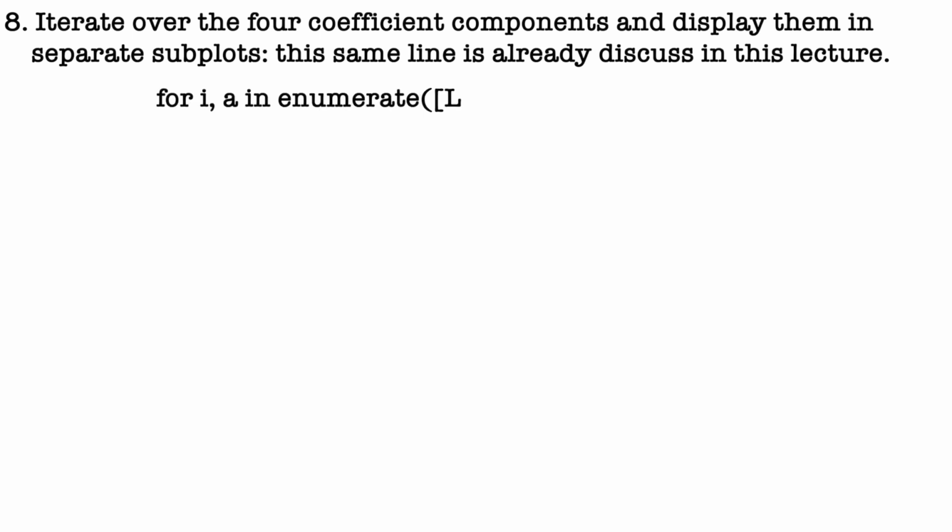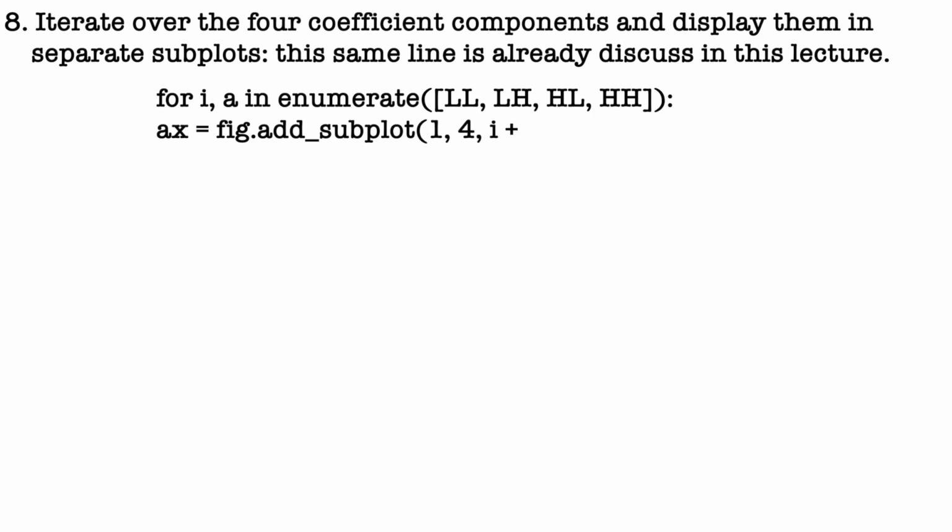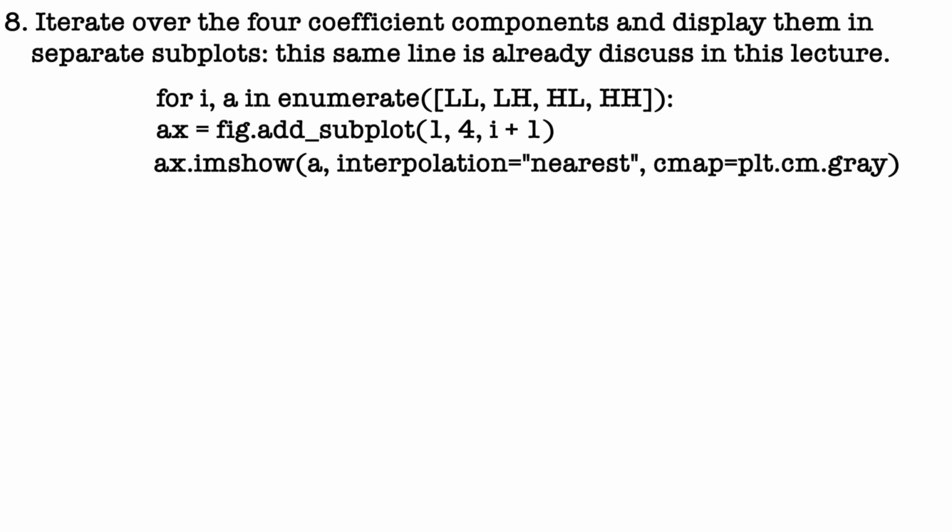For i, a in enumerate LL, LH, HL and HH, here ax equal to fig.add_subplot(1, 4, i+1), ax.imshow(a, interpolation='nearest', cmap=plt.cm.gray).